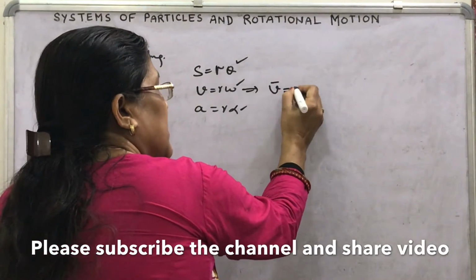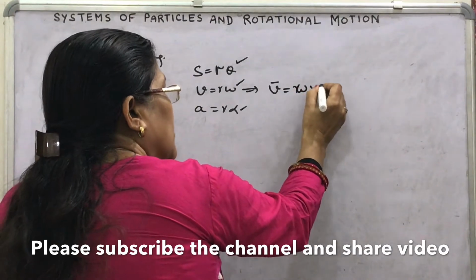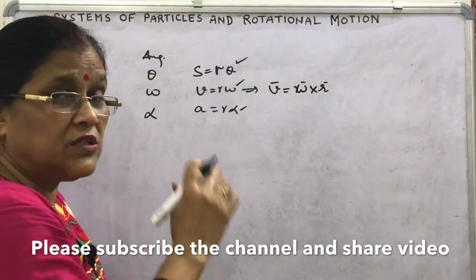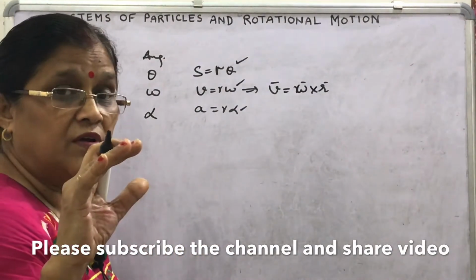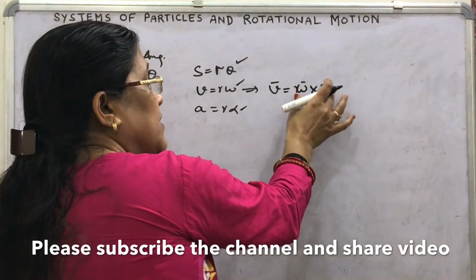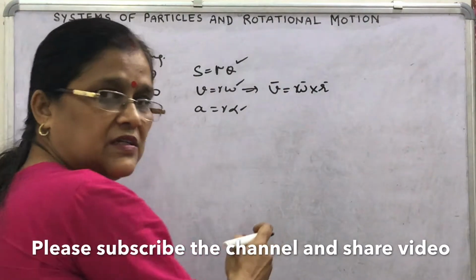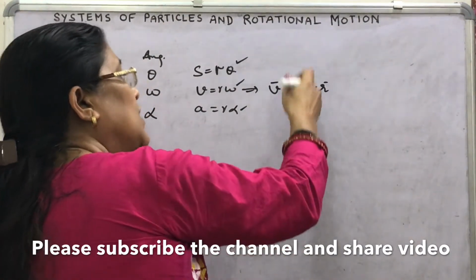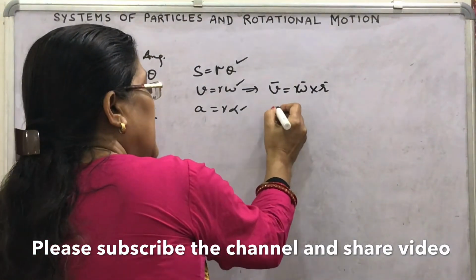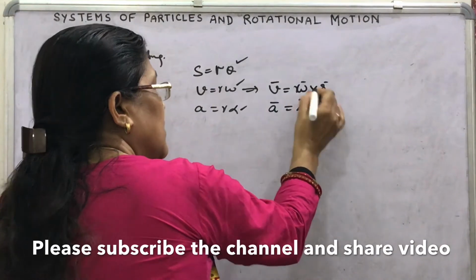How is this vector form given? It is v = omega cross r, not r cross omega, because the vector product is not commutative. Omega cross r has a direction perpendicular to the plane of omega and r along the axis on one side, and r cross omega is along the same axis but in the opposite direction. Similarly, acceleration is given by alpha cross r.